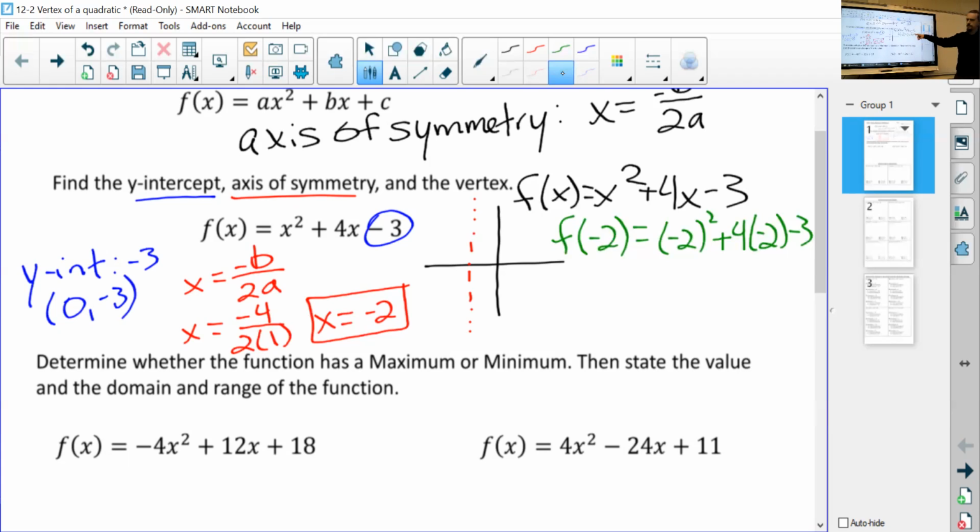I did want to point this one out because I saw some people had trouble with this on Monday. The sign of ax squared will always match the sign of a itself. Since a here is just 1, it's not written, but since it's just x squared, it says 1x squared.